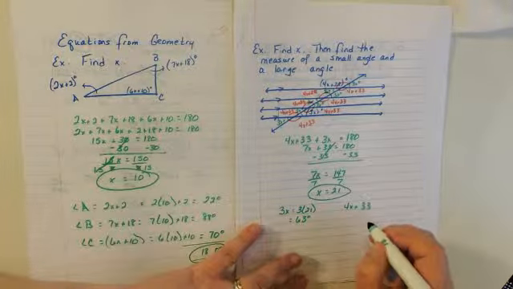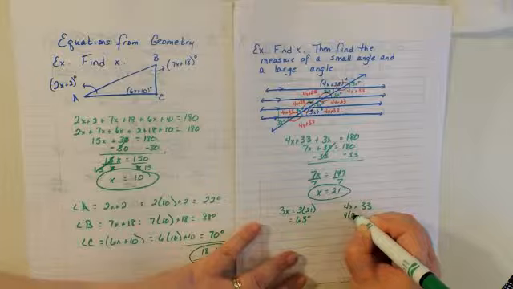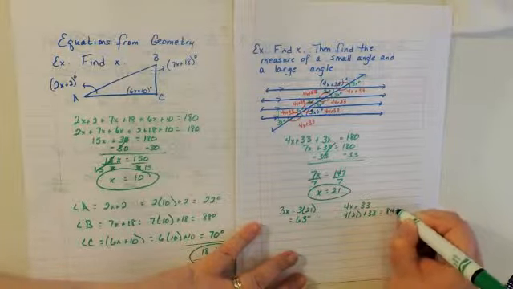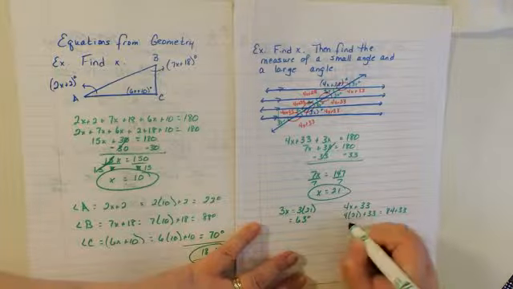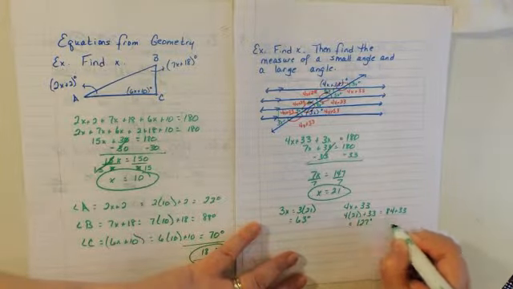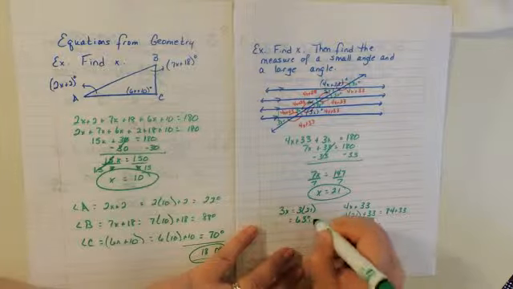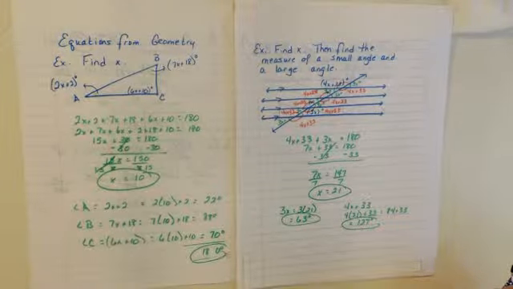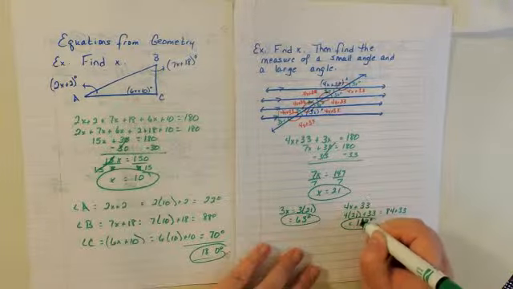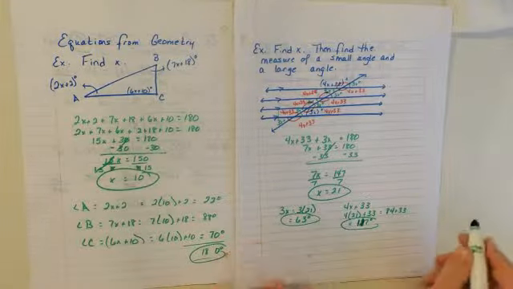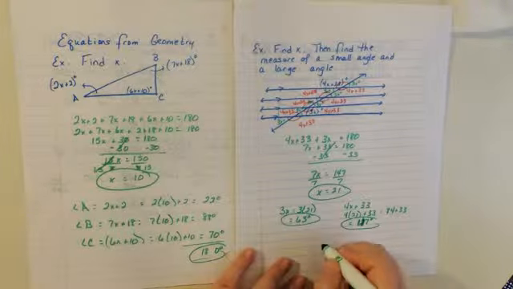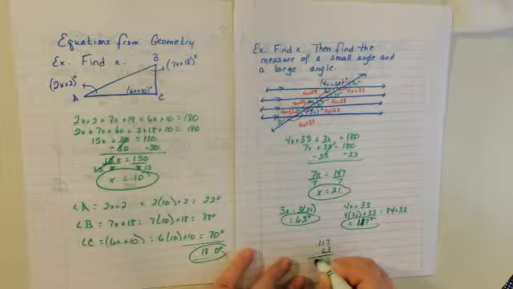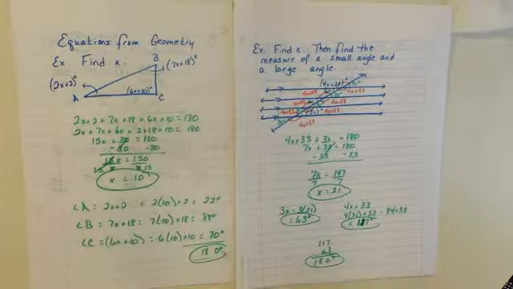And the measure of the large angles is going to be 4 times 21 plus 33, which equals 84 plus 33, which equals 127. No, it doesn't. It's 117. Sorry. 117. We can check that by adding 117 plus 63, and that should give us 180 degrees. Okay?